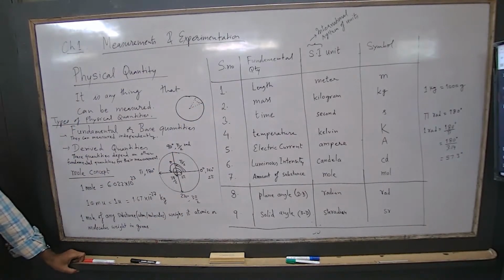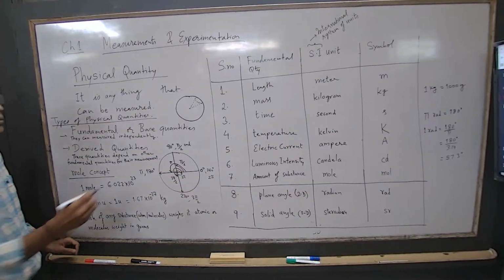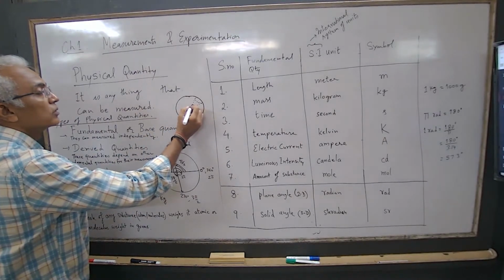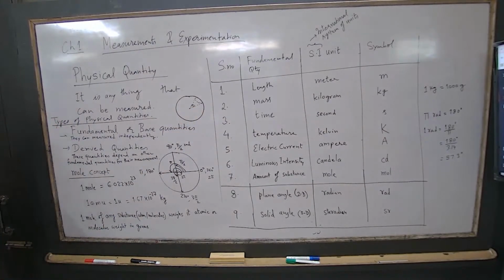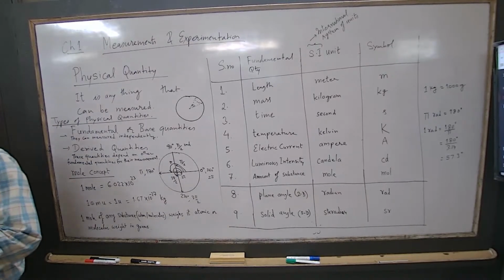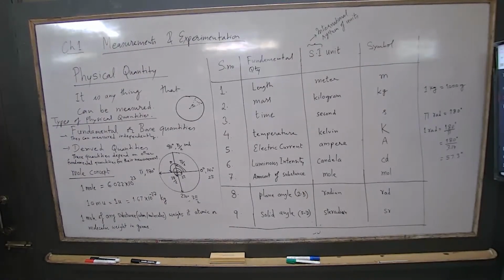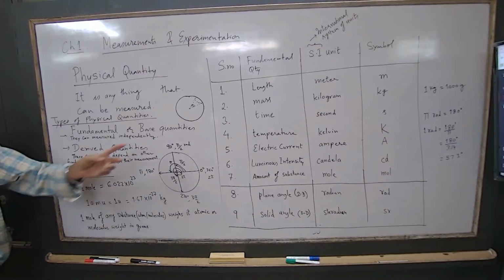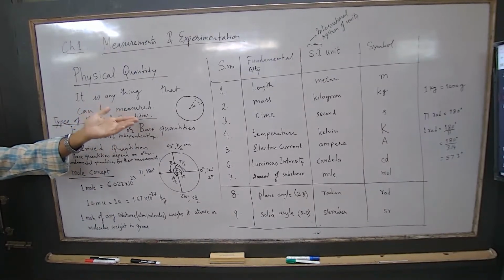What shape is this? It is a cone. So the angle formed by the cone is a solid angle. It is a three-dimensional angle. Inside a cube also you can carve a cone. Then it is a solid angle. If you imagine there is a circle here and the base is going and hitting the corner, then that is the solid angle. Got it? But more about solid angle in 12th standard, not now.